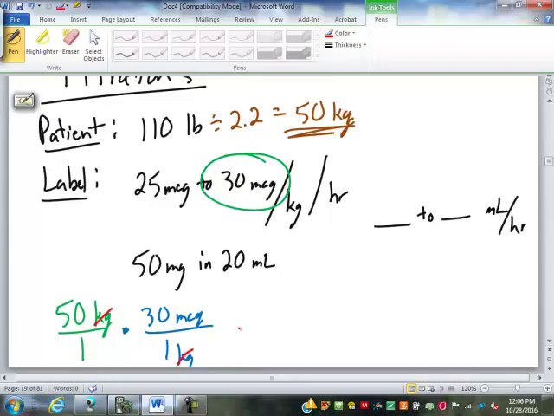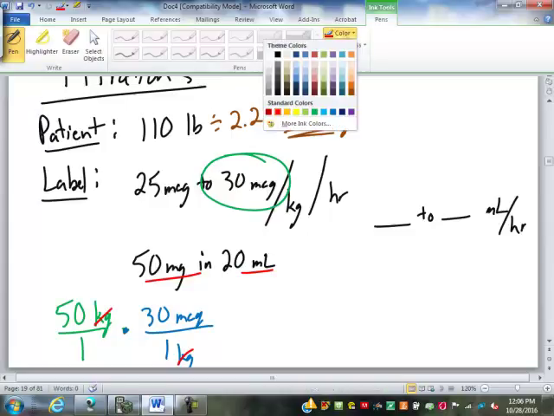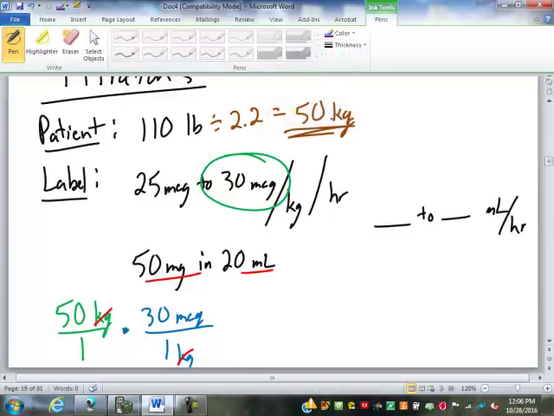Now I need to get to milliliters. The problem is I'm not linked micrograms to milliliters, I'm linked milligrams to milliliters. So I do have to make some sort of a conversion for that. Micrograms to milligrams, the relationship is 1 microgram. Milligrams. The milligram is the larger unit, so I'm going to give that 1.